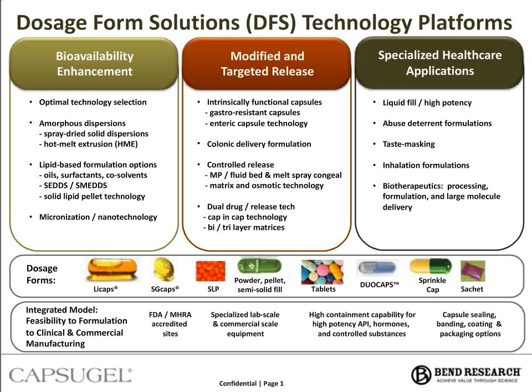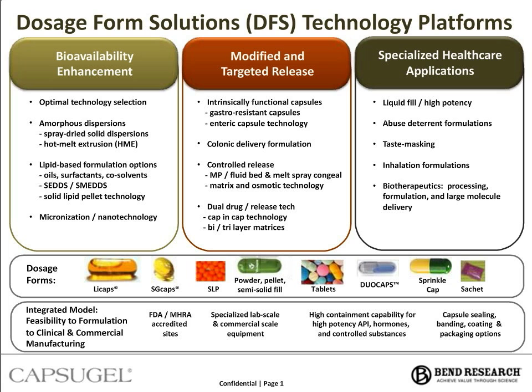One of the key aspects for this new division, Dosage Form Solutions from Capsugel, is this incredibly large toolkit of technology platforms. And the way we see the world is in these different areas: bioavailability enhancement, which we're going to dive deep in on today, but we also have technologies in the modified and targeted release, as well as some other specialized healthcare applications.